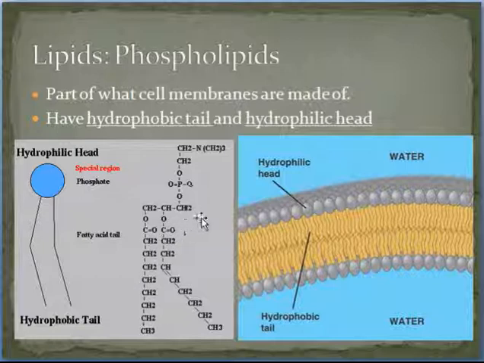You can see this spot right here is sort of your glycerol, and then your hydrophilic head here, and then these sticking out here are your hydrophobic tail. And then this whole thing is also part of your hydrophilic head. So to say that again, this is your hydrophilic head, and these are your hydrophobic tails.